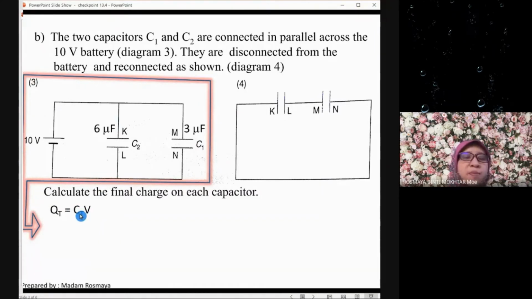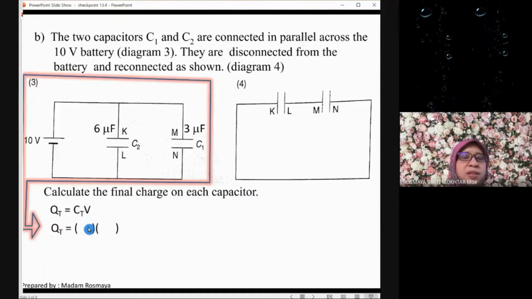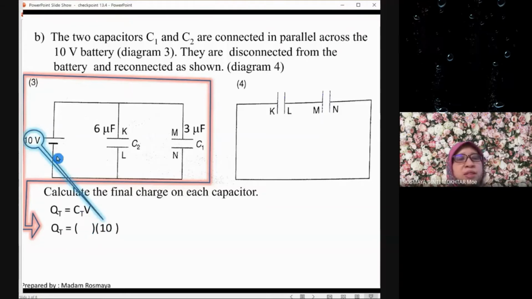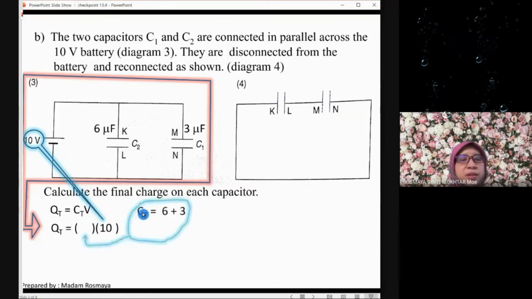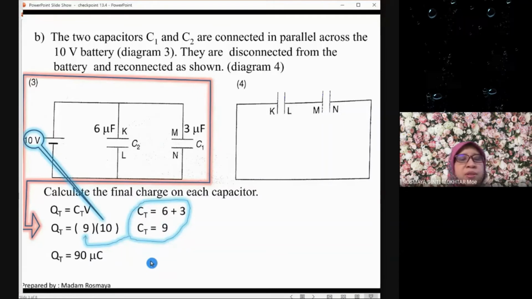They are arranged in parallel, so the capacitance will be 6 plus 3, which is 9. The voltage is 10. So the total charge is 90 microcoulomb.